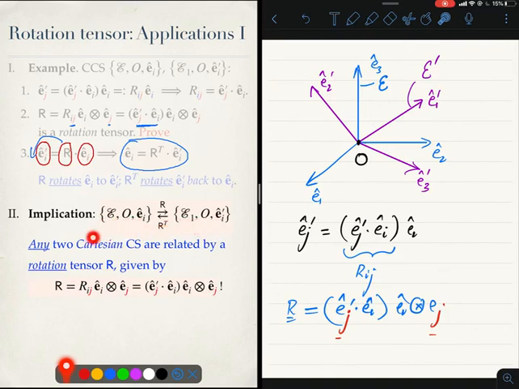The R transpose brings it back. Okay, in the formula there is only one thing to remember: if you are going from Ei to Ei prime, make sure that the sequencing of the indices is correct. I cannot emphasize this enough. Okay, alright, so that's the first application.